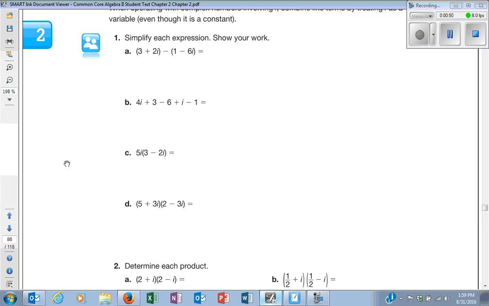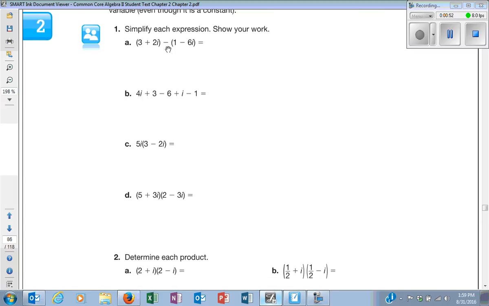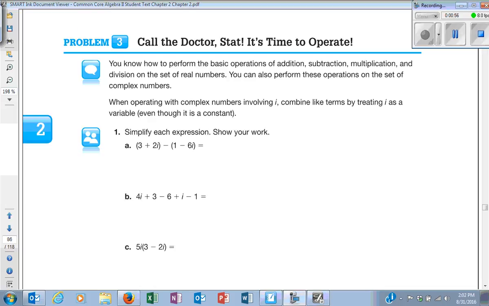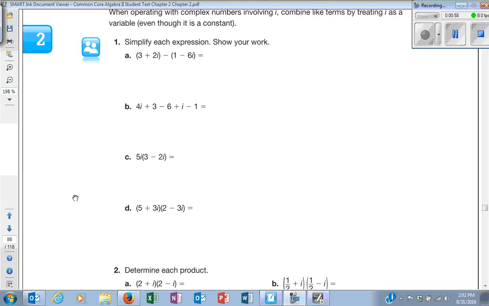So first thing about A that's really tricky is you've got to distribute that negative sign. So the first thing I need to do, like I said, is I've got to distribute this negative sign. So before I can drop these parentheses so I can combine like terms, because this 3 and this 1 are like terms, before I can go ahead and combine them, I need to distribute that negative.